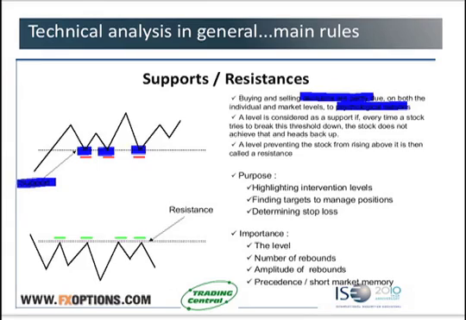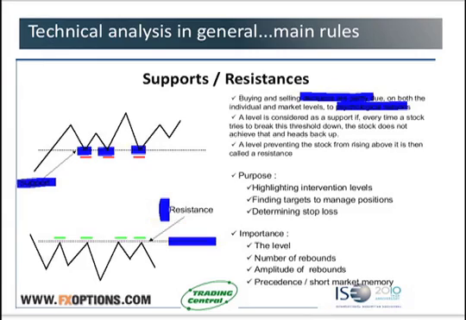This is the opposite for the resistance. This is a level where the stock is prevented from rising above it each time it reaches this level. When a support or a resistance is broken, it means that the movement will be of great intensity on the other side.